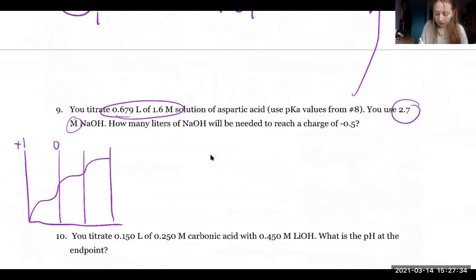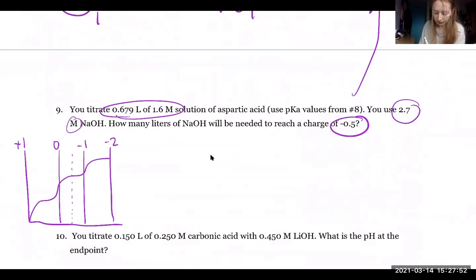And then if we were to continue writing the charges, we'll see a charge of negative 0.5 will be right here, right? Exactly at the halfway point. So the first thing we want to do is, let's see here.